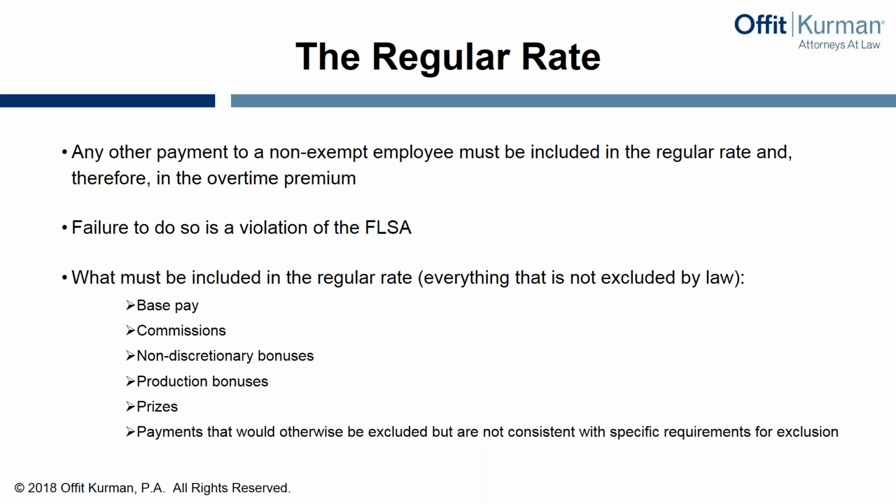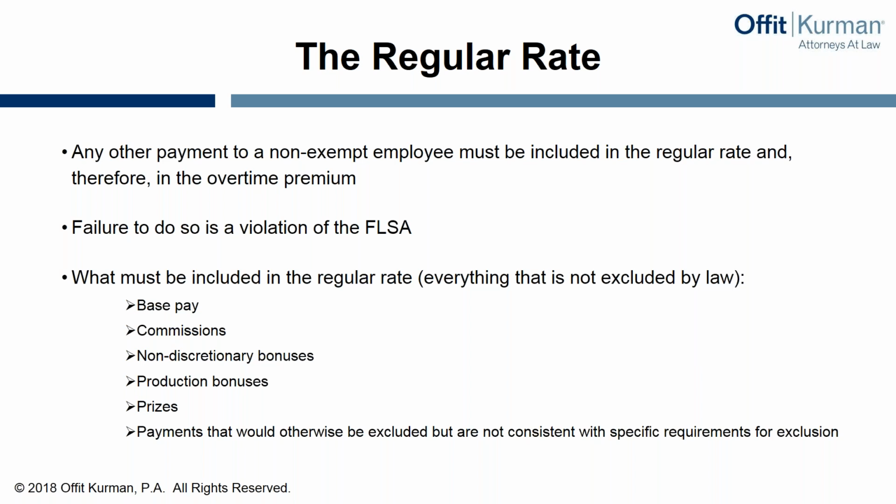And then lastly here, payments that would otherwise be excluded but aren't consistent with the requirements of the law for exclusion. By that I mean all the things we talked about on the prior slide that are excluded, but if you mess it up.